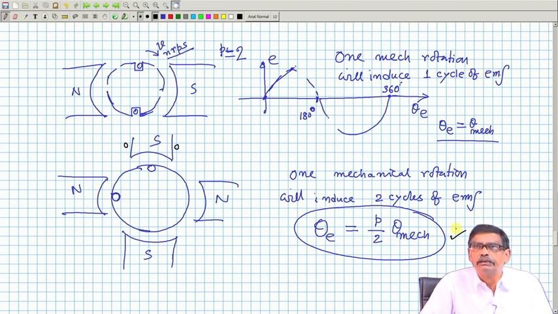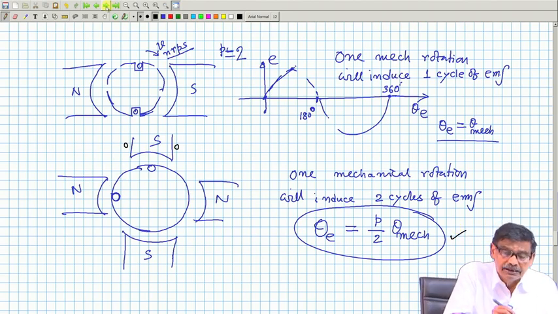After all, induced EMF is BLV, the velocity of the conductor will remain the same, and therefore the nature of the induced voltage will be the same as the nature of the B distribution along the air gap.